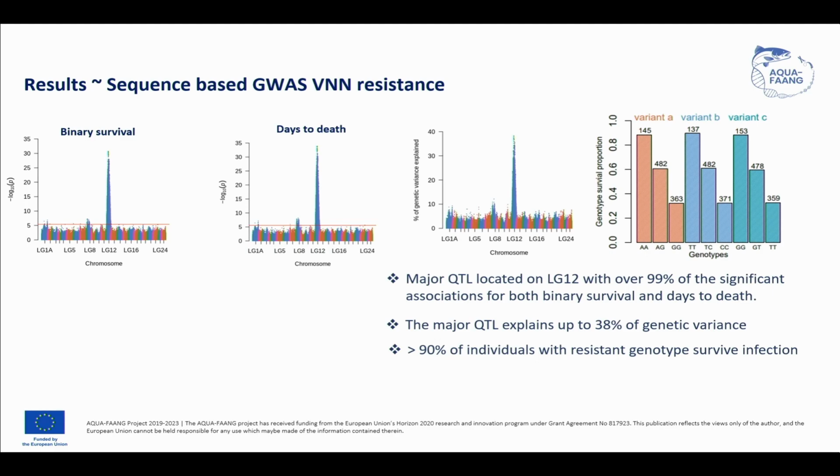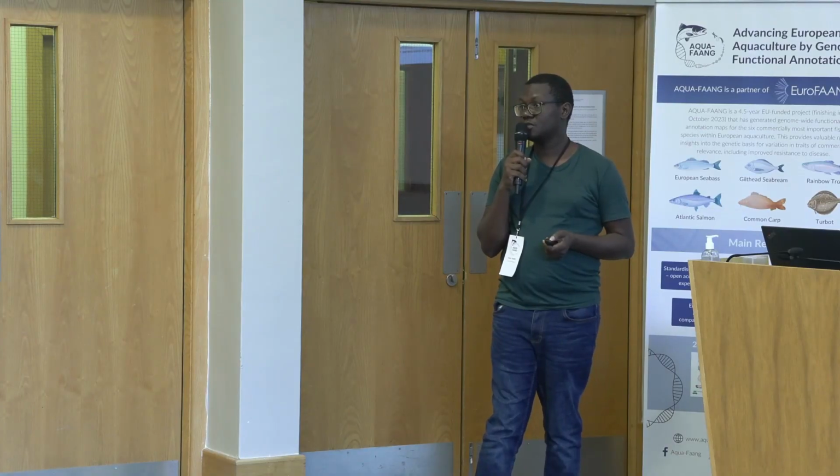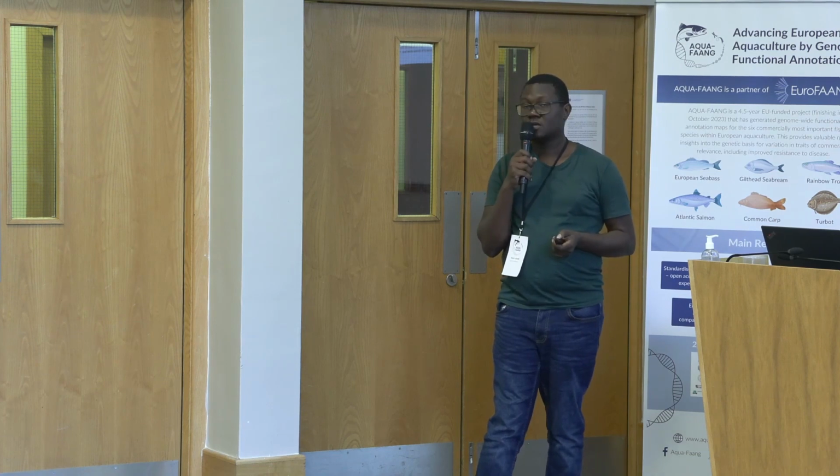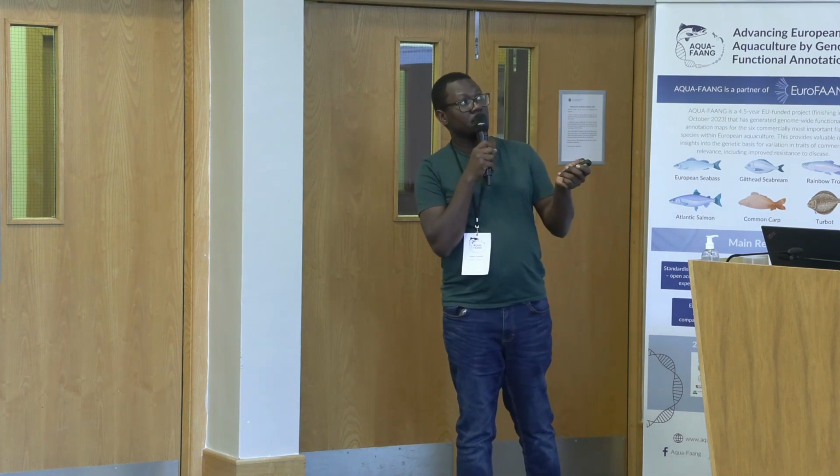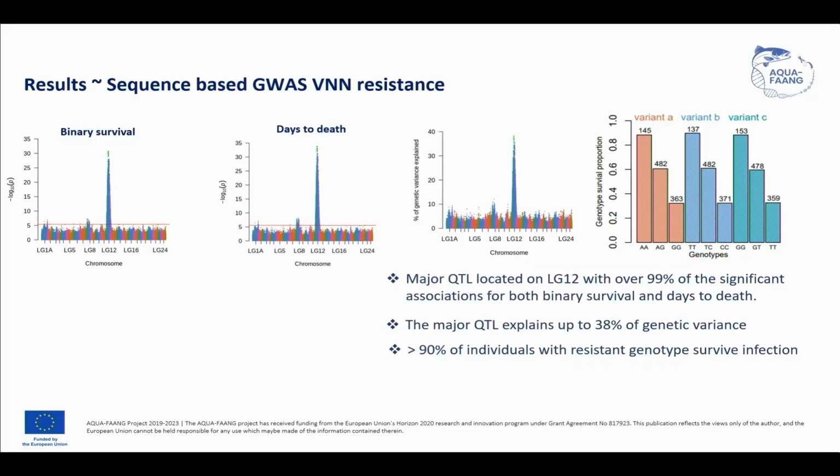What I've just said: 90% of the individuals that had the resistant genotype survived. But the problem we see is that in the population we used, the frequency of the resistant genotype is quite low compared to what we would want, and that means there is room for improvement.